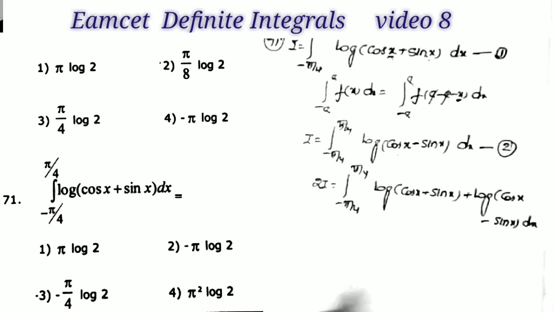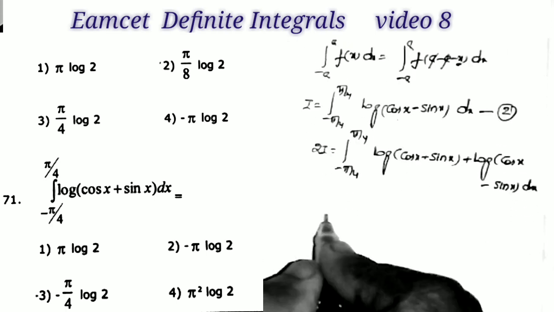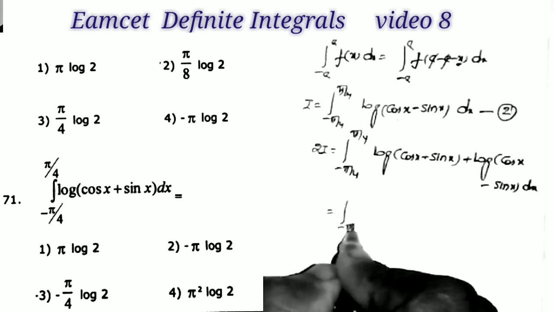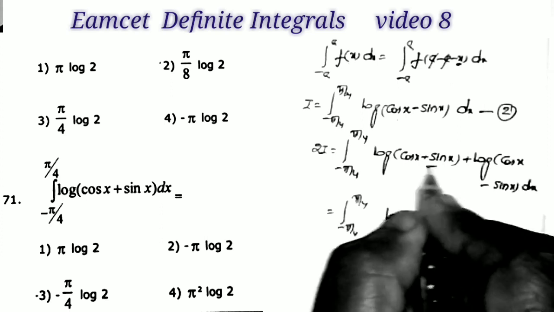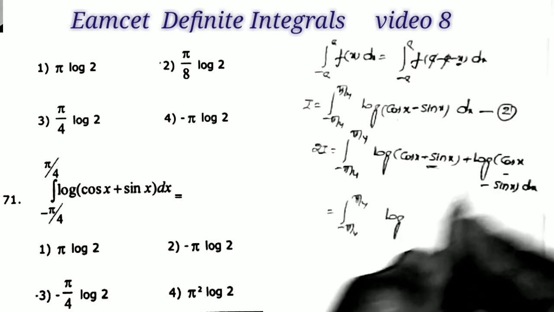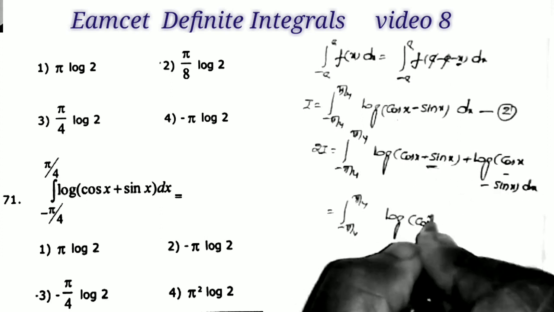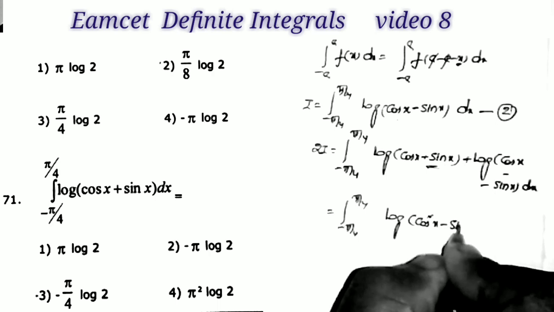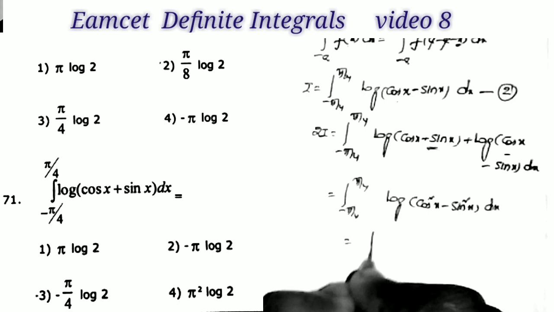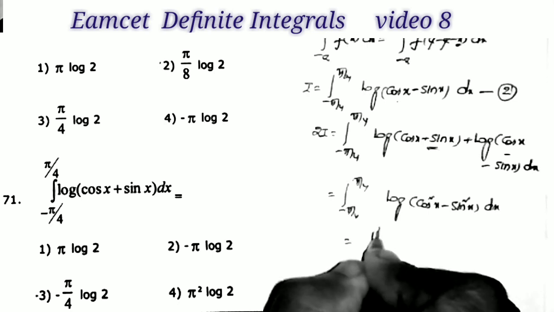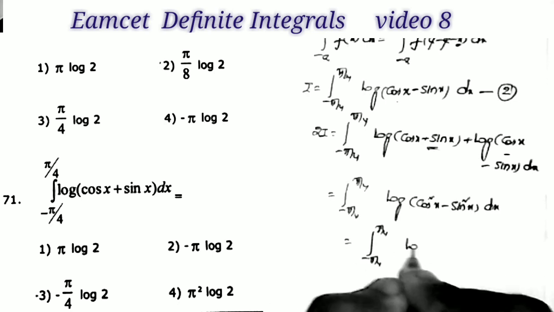Now this is in the form of log a plus log b, that is log ab. Log ab means log of (cos x plus sin x) into (cos x minus sin x). That is cos square x minus sin square x, and that value is equal to cos 2x.